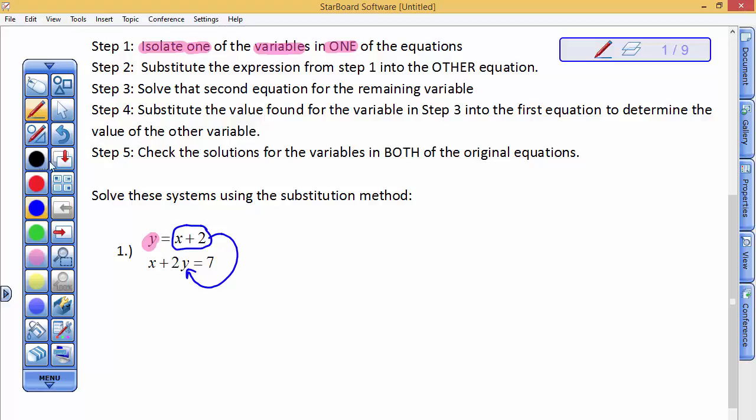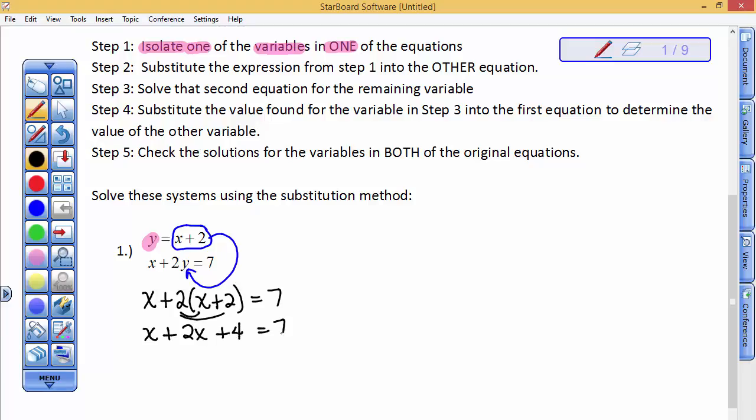So what I'll do, the second equation still has an x, but it's got 2 times y, but y is x plus 2, so I'm going to substitute in an x plus 2 for y, and I'm going to solve the second equation for the remaining variable, in this case the letter x. So I have 1x plus 2x plus 4 when I distribute these.